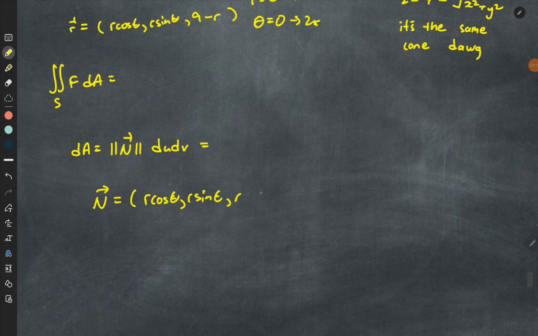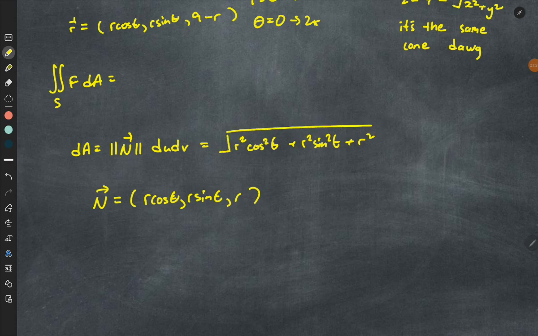Okay, so the length of this vector would just be r squared cos squared theta plus r squared sine squared theta plus r squared, all underneath the square root, multiplied by the integrand. And because there is a cos squared and sine squared theta term inside the radical, we should probably simplify.